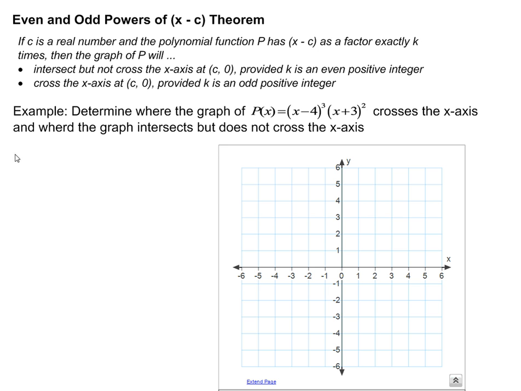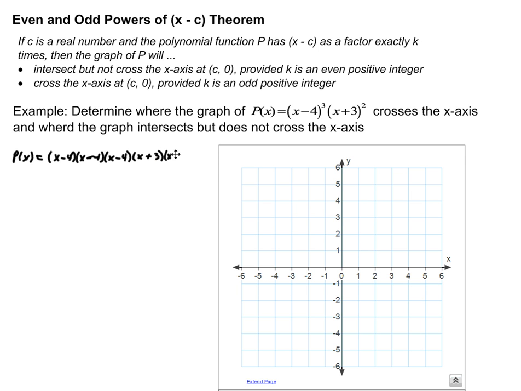Well, we would actually consider P of x to be the kind of function that has repeated factors of x minus 4, right? x minus 4 times x minus 4 times x minus 4, and we would have x plus 3 repeated twice, x plus 3 times x plus 3.